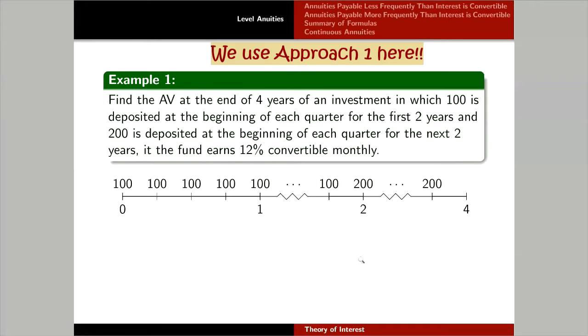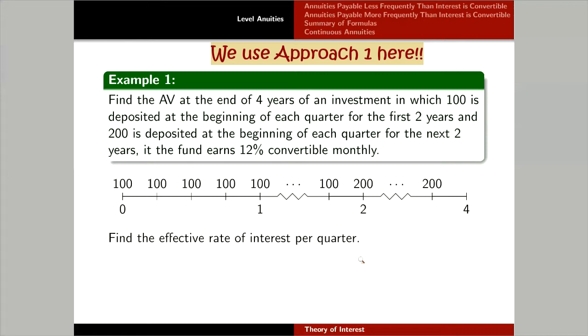According to the first method, we have to make PP equals ICP. How are we going to do that? We're going to convert i upper 12 to i upper 4. We're going to find the effective rate of interest per quarter. So that is, we're looking for i upper 4 over 4.